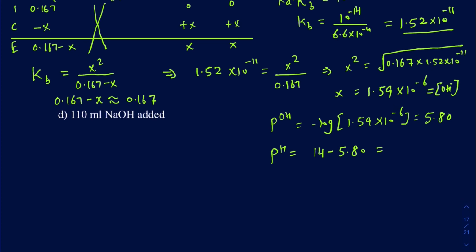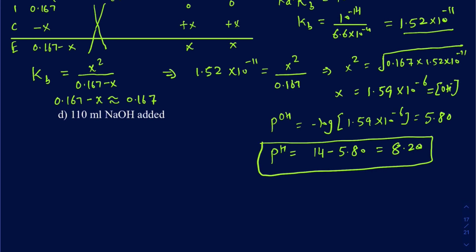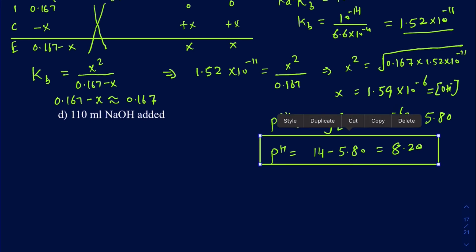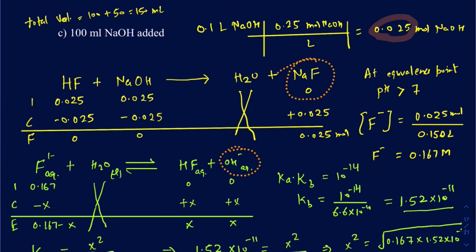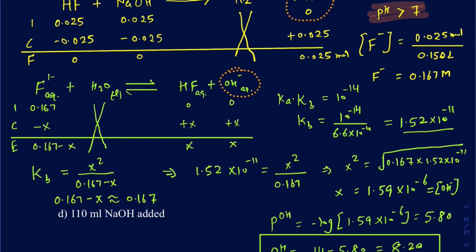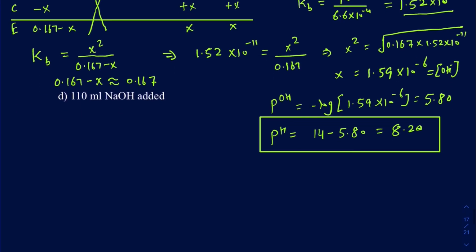It's going to be 8.20 as your pH at equivalence point. So remember what we predicted earlier, that at equivalence point your pH should be over 7, and we said that because we were titrating a weak acid with a strong base, and that does come out to be over 7. It comes out to be 8.20.